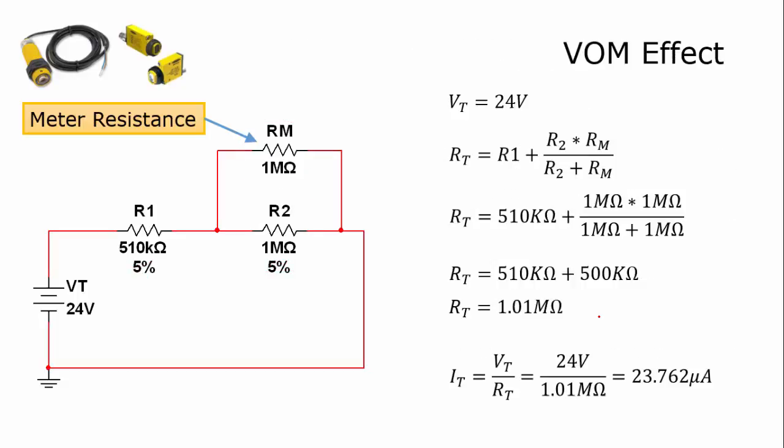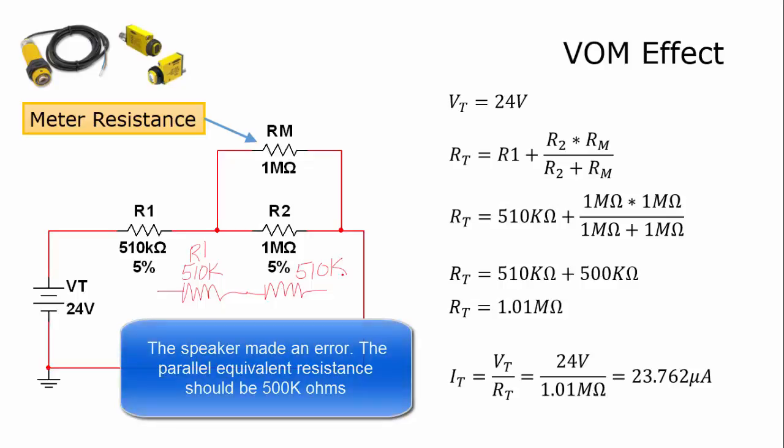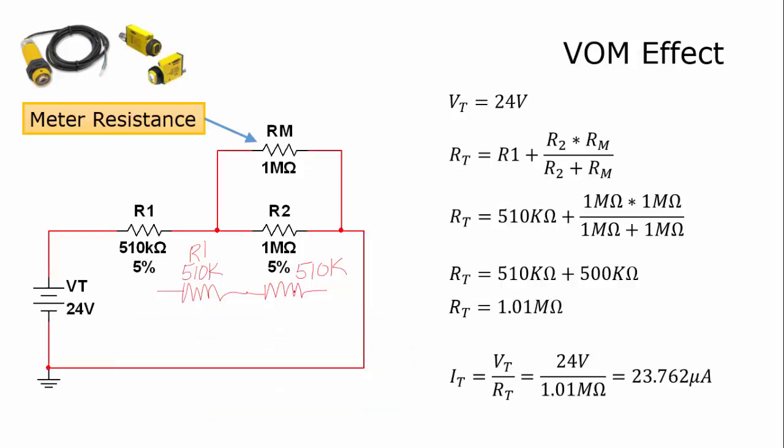Literally, this circuit can be redrawn as just a 510K, which is R1, in series with a 510K, which is the parallel combination of R2 and Rm. You can see pretty easily that this changed my total current flow. So let's do some calculations. Vt is still 24.